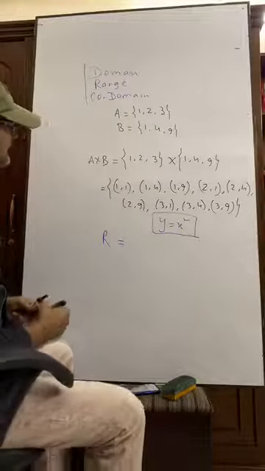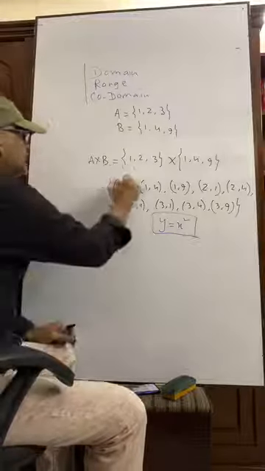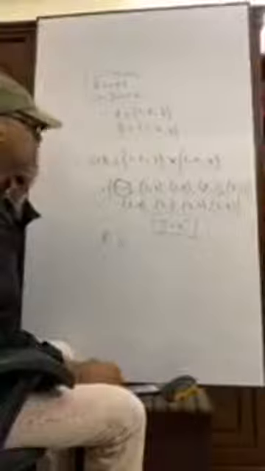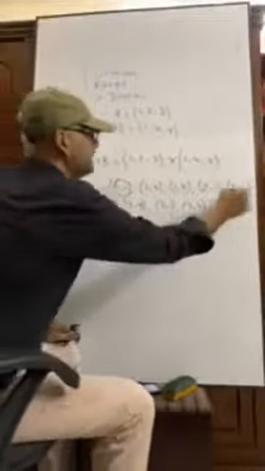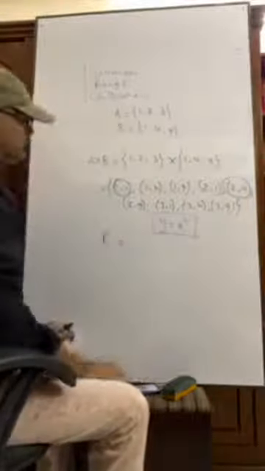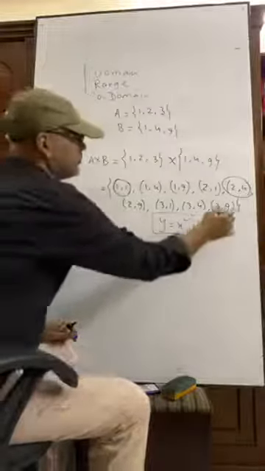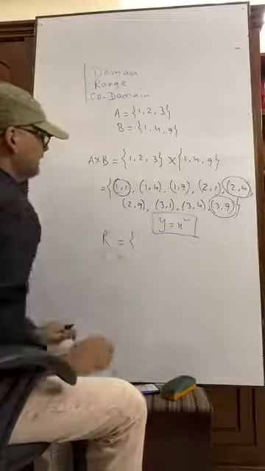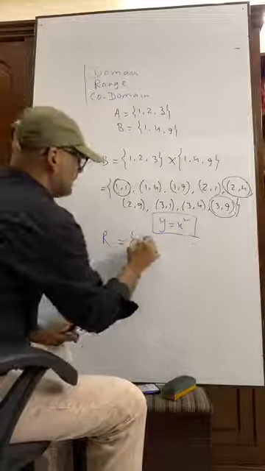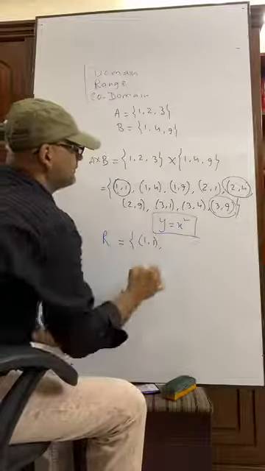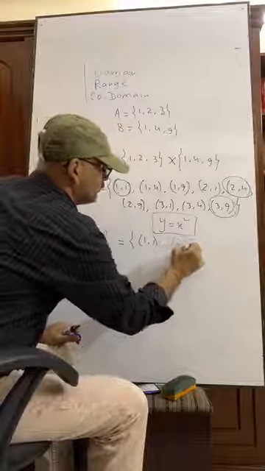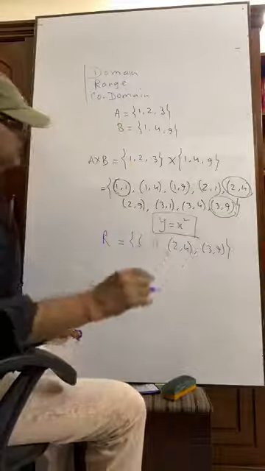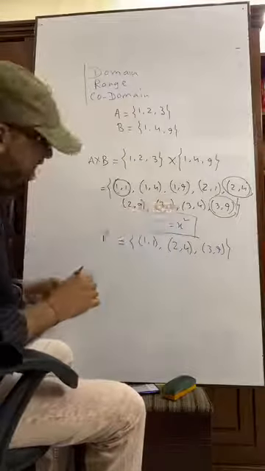We see this one, the square of 1 is 1, this one the square of 2 is 4, and this one the square of 3 is 9. So we are getting (1, 1), (2, 4) and (3, 9) under the condition y equals x square.